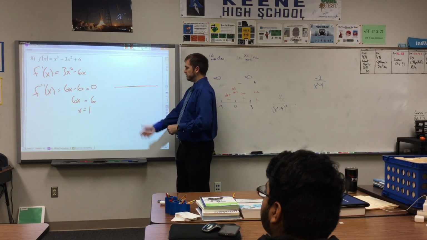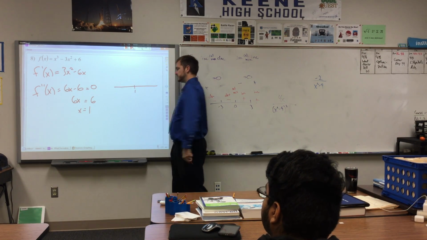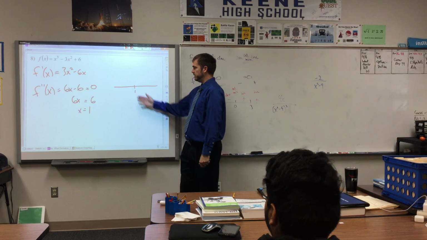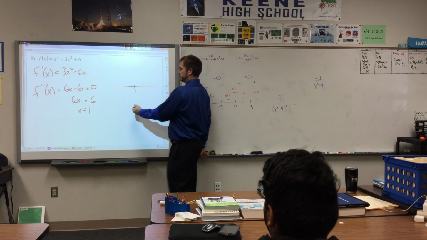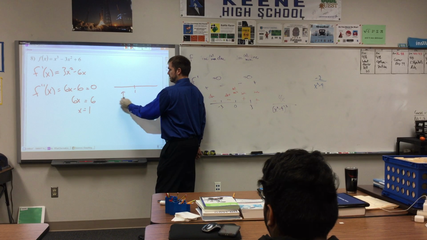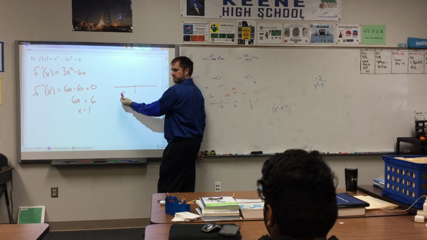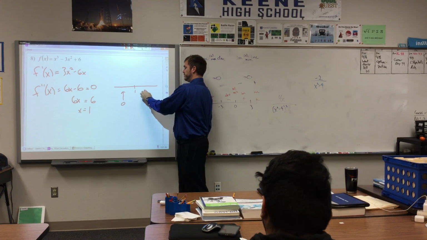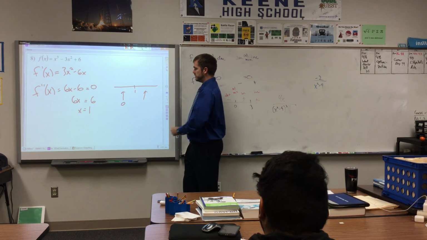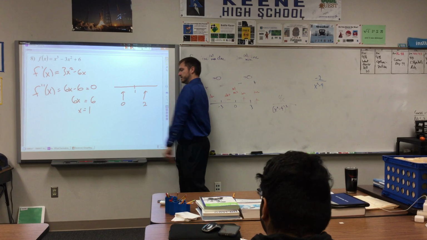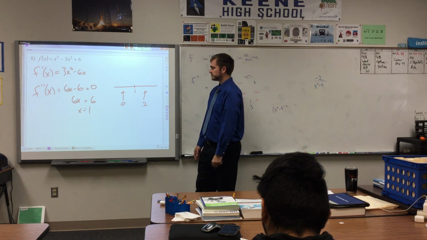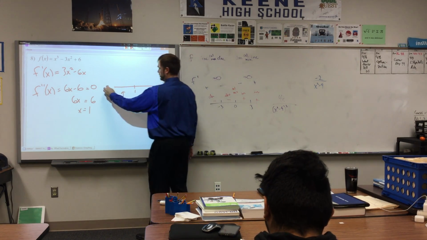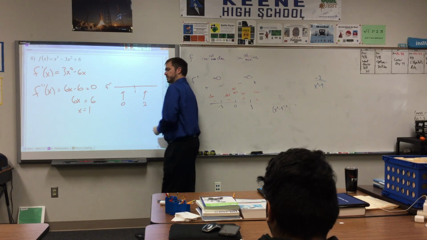So we do that same sort of analysis. We say, all right, interesting point is 1. We want to figure out what's going on with the second derivative a little bit to the left of it, maybe at 0, and a little bit to the right of it, maybe at 2. I'm going to label this very clearly f double prime.